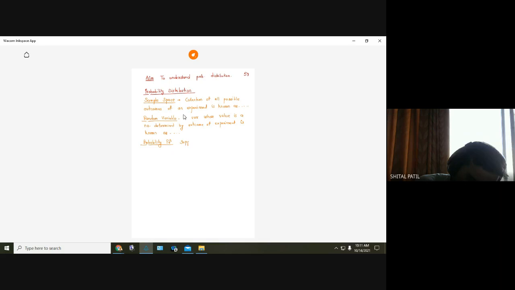Suppose X is a random variable with values x1, x2, and so on.